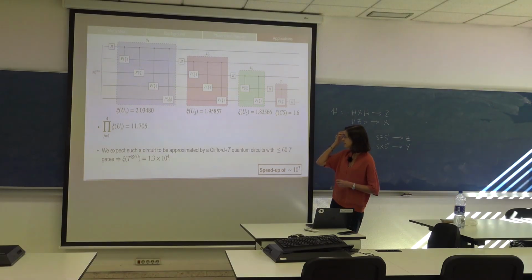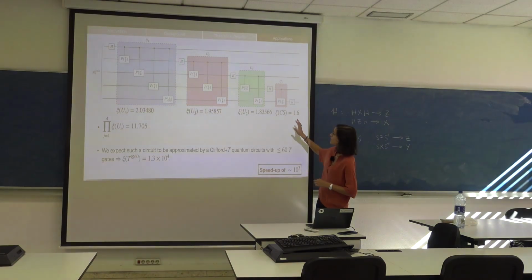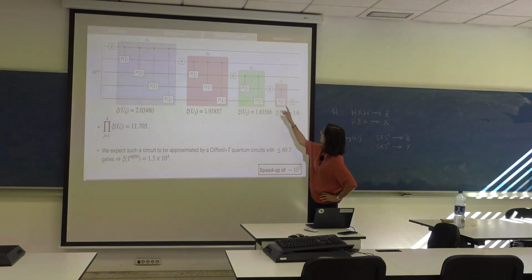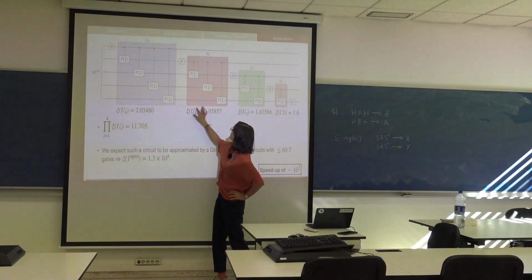This is an example of a 5-qubit circuit implementing the quantum Fourier transform subroutine. This would be the textbook way of writing it, if you go to Nielsen and Chuang or something like that. We see that it has some Hadamards, which are Clifford, but then it has some blocks of controlled non-Clifford gates.